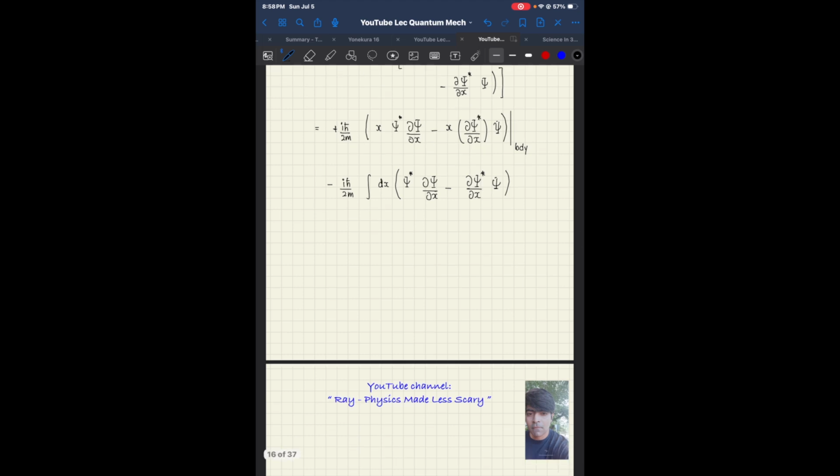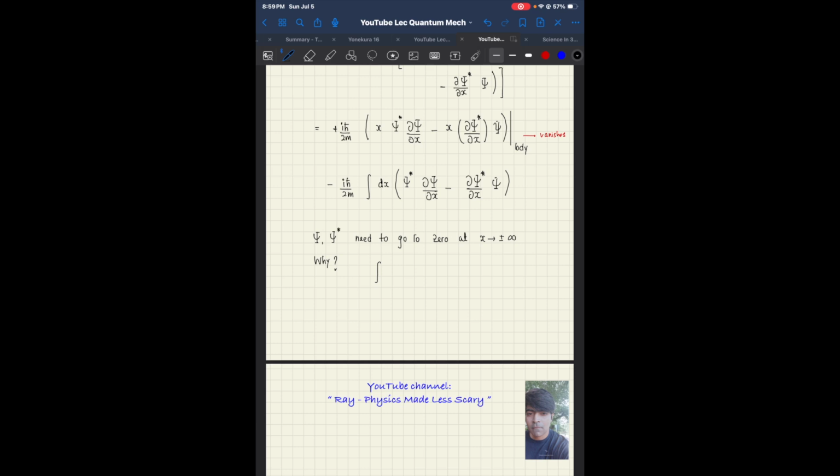Okay, now this is something that you will do all your life in physics. You will claim that this boundary term vanishes. Why? This is important because your ψ and ψ* need to go to zero at x going to plus minus infinity. Why does it need to happen?